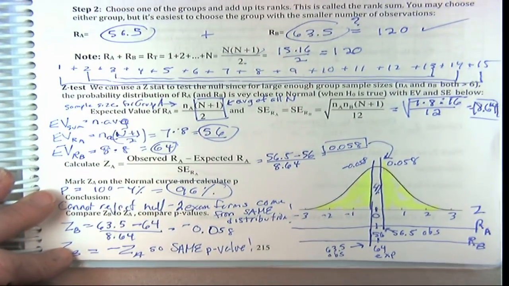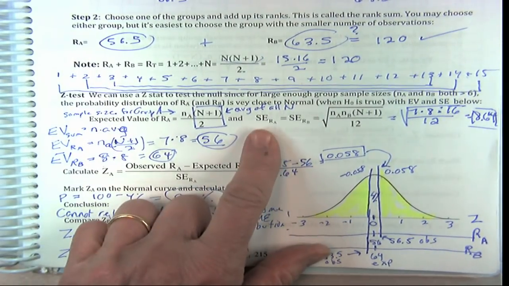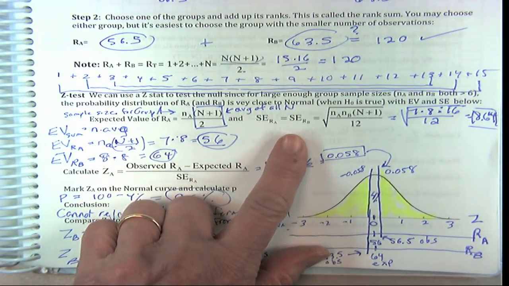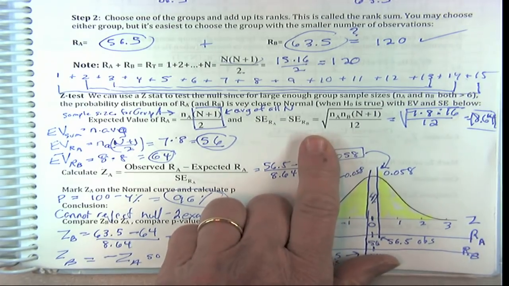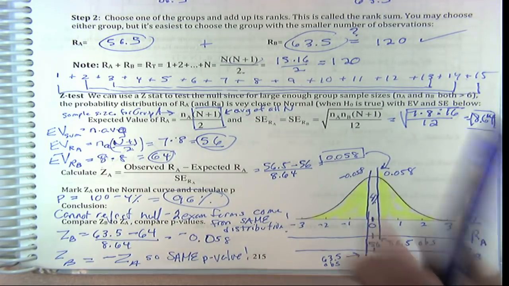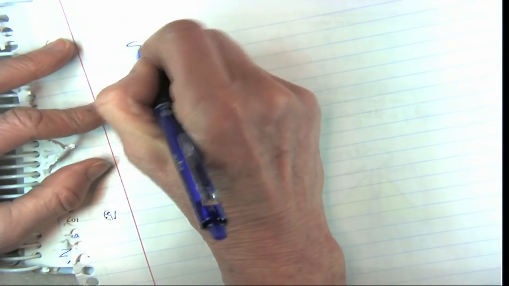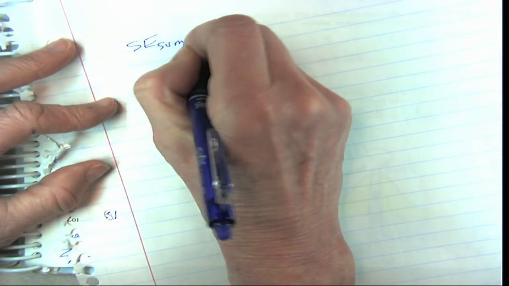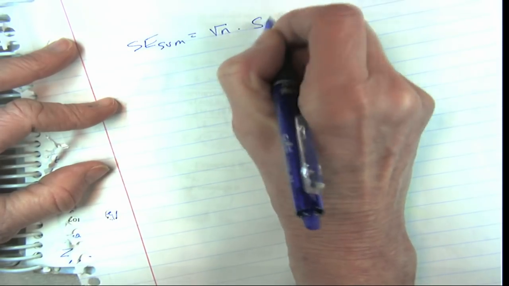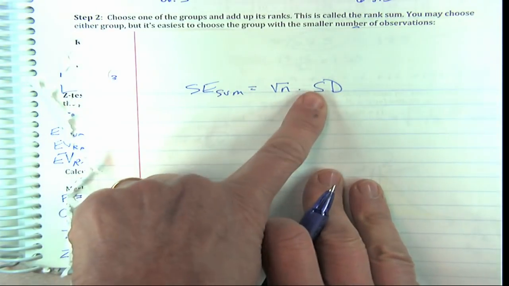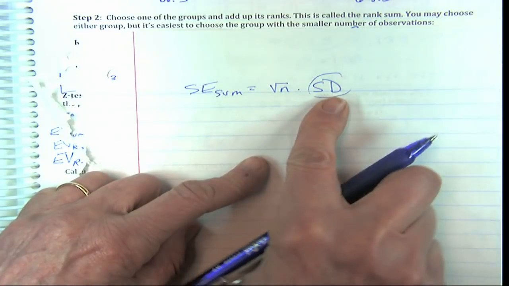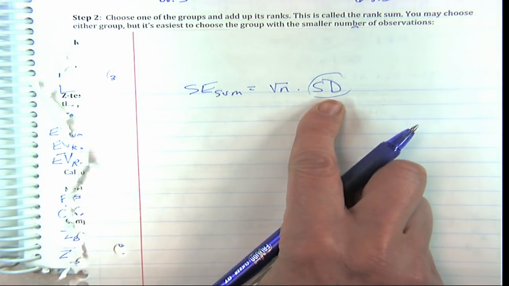So basically, what are we doing here? We're doing a standard error, right? A standard deviation. So a standard error is, what is it? A standard error for the sum. So a standard error for a sum is the square root of n times the standard deviation of the population it comes from. So this is the part where you're going to get this 12 from.